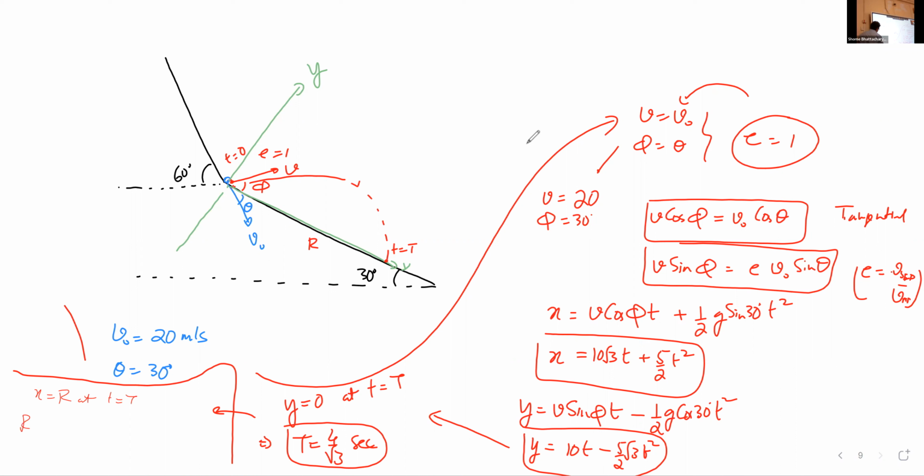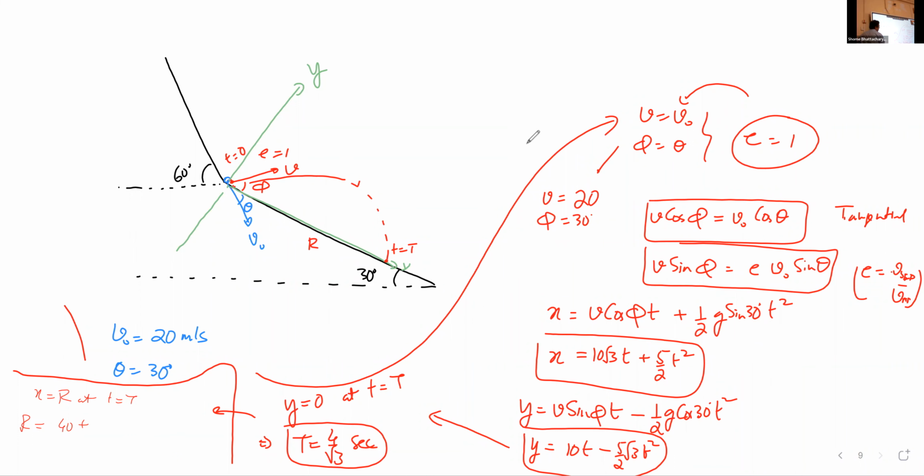So r will become 10 root 3 into 4 by root 3. So that's how much? 40 plus 5 by 2 into 16 by 3, right?